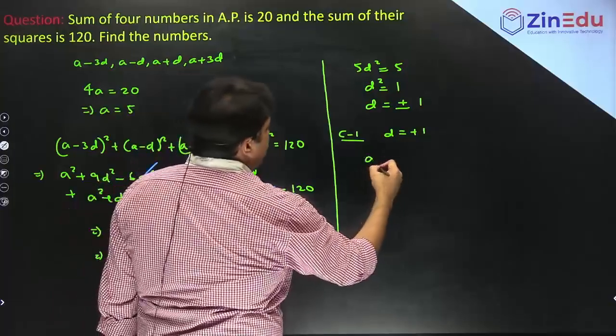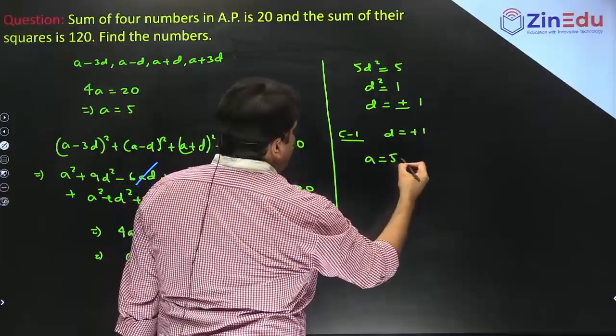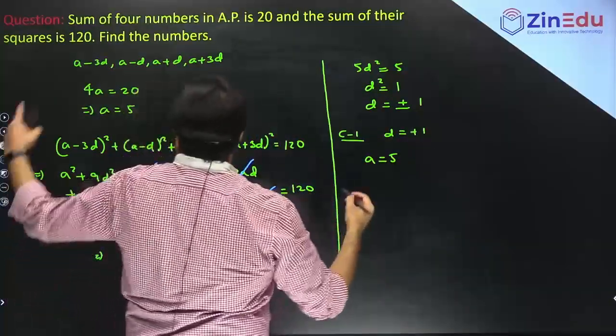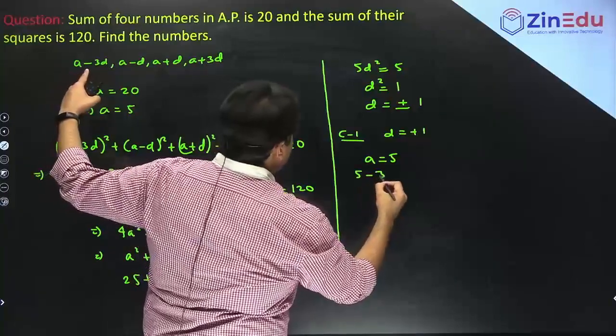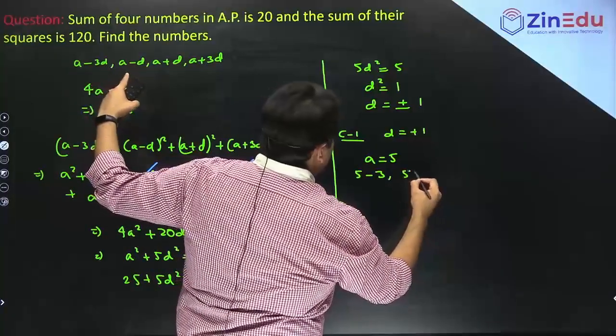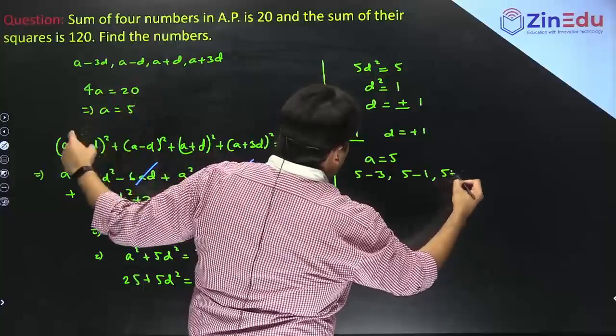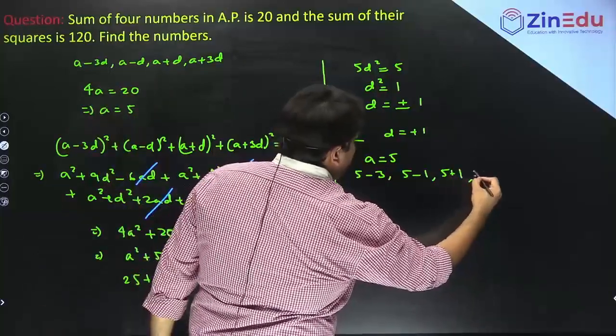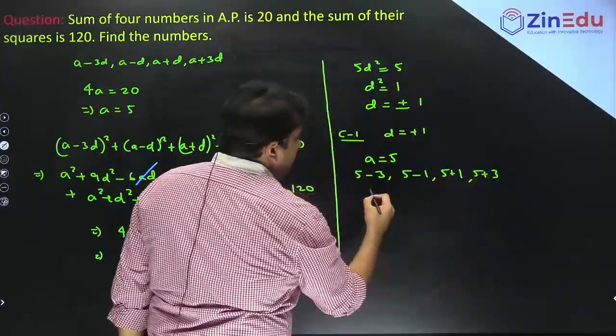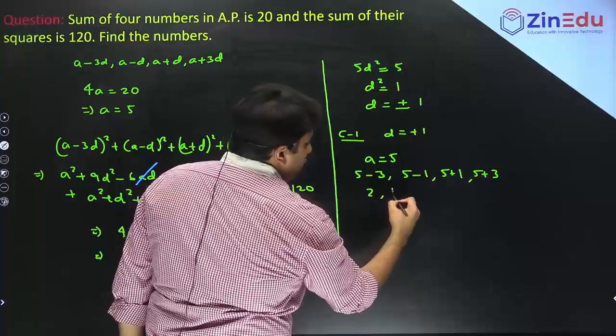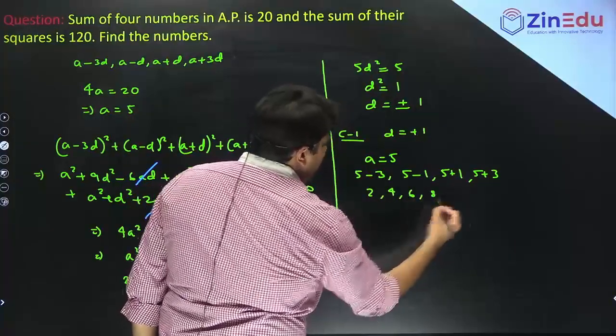So we have a equals 5 and d as 1. So 5 minus 3, 5 minus 1, 5 plus 1, and 5 plus 3. So we will have our first sequence as 2, 4, 6, and 8.